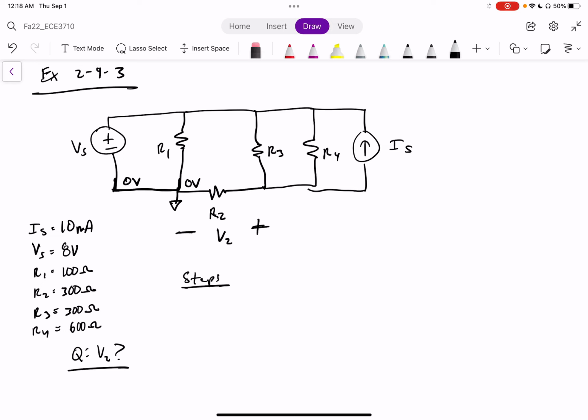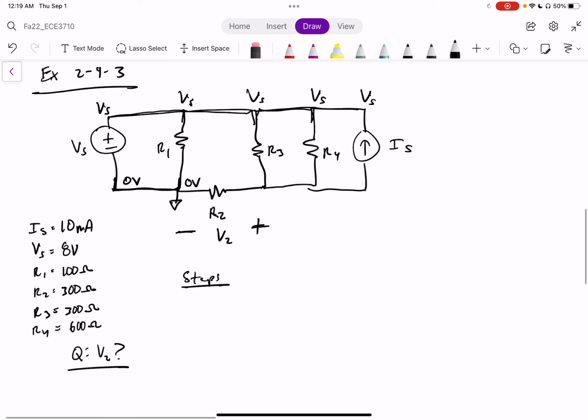Step number 2, label all possible known voltages. If this is my ground and I go up Vs, this is now my Vs. This whole thing is a node, so this is also Vs everywhere along it. What about here?